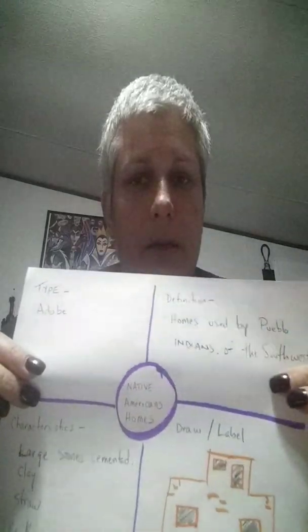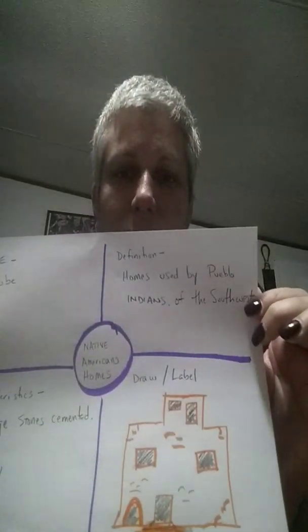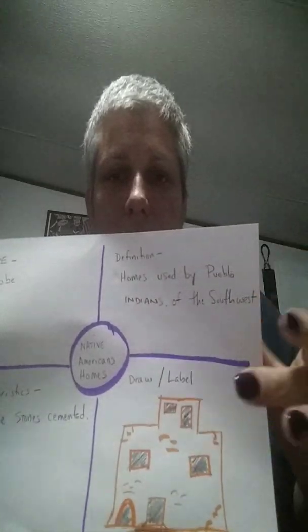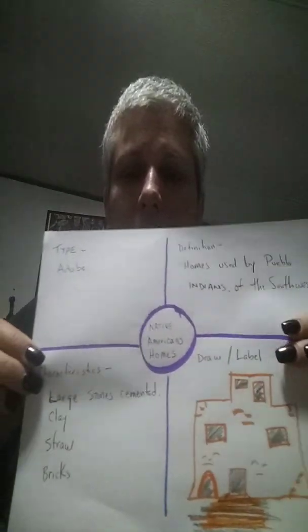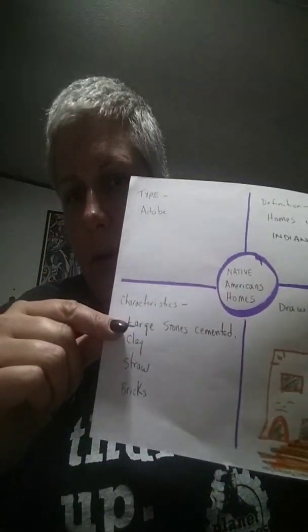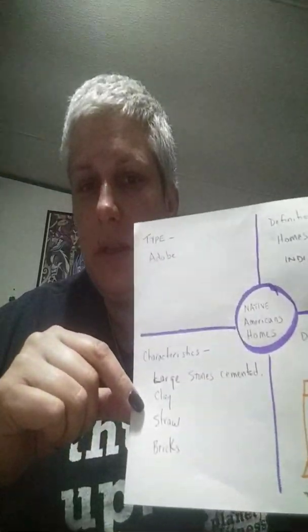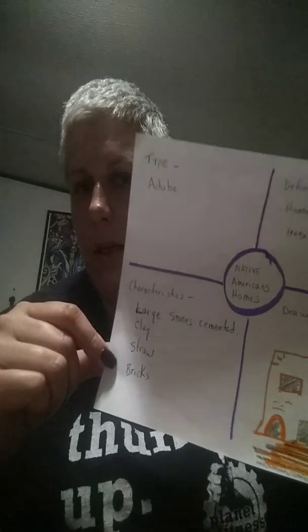The definition is homes used by the Pueblo Indians of the Southwest. And our characteristics: they're large stones cemented together, made out of clay, straw, and brick.